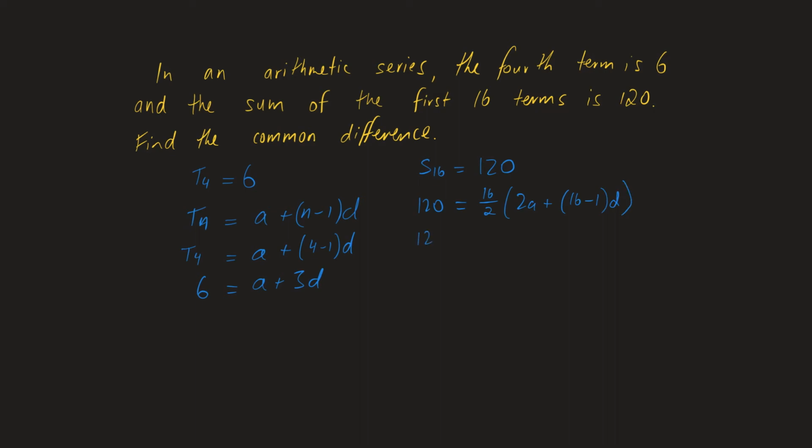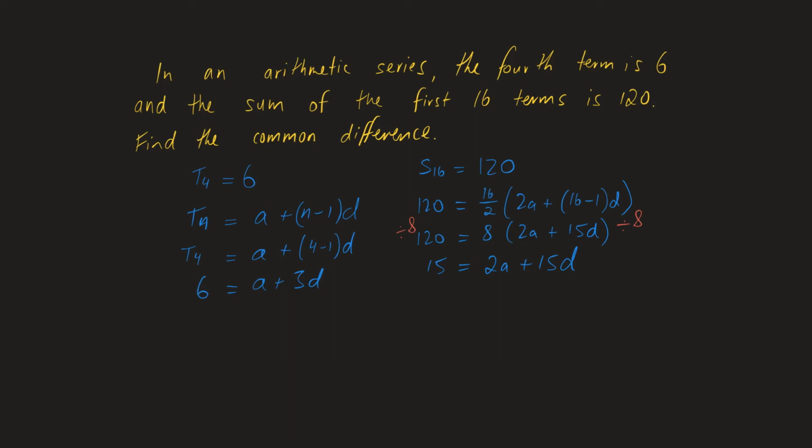And simplifying that, 120 equals 8, 2a plus 15d. Now I can get rid of that 8 by dividing both sides by 8. And that'll give me 15 equals 2a plus 15d.